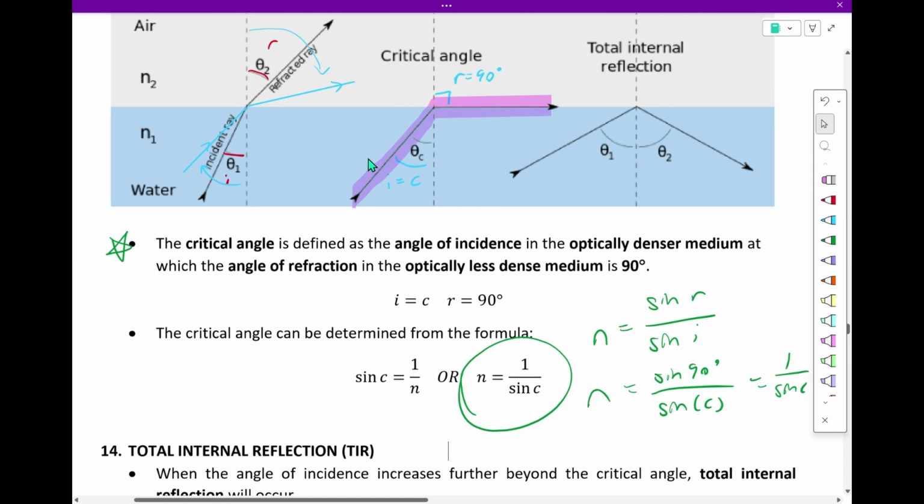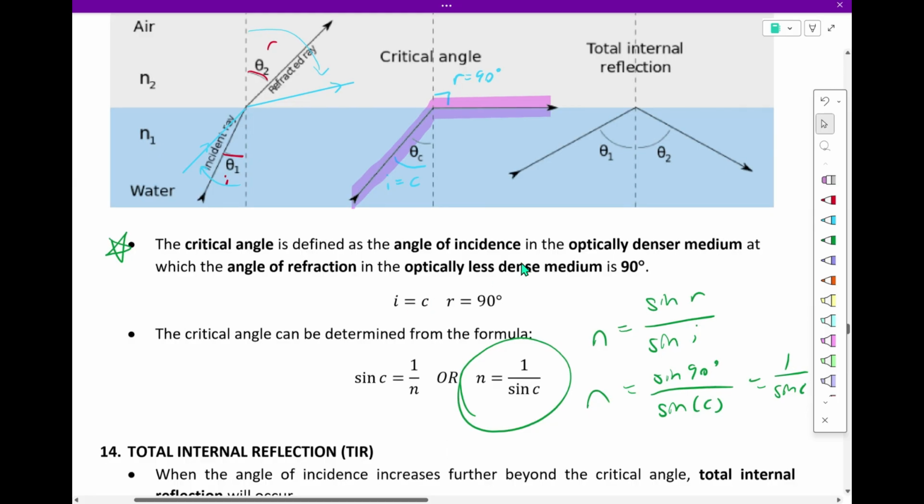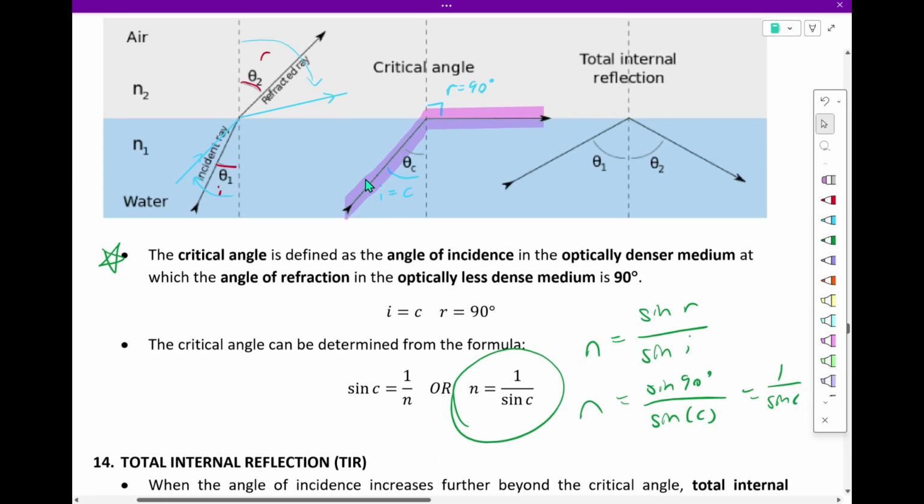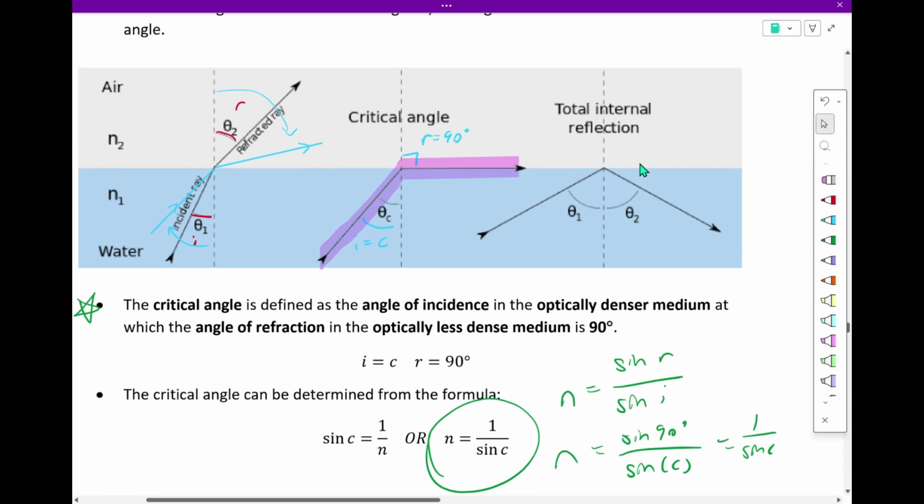Okay, then there is another special phenomenon called total internal reflection, right? What's so special is, what happens when we are at i equal to the critical angle, which means r is 90 degrees, right? What happens if we continue to increase i further? If we continue to increase i further, you realize that the light ray, instead of refraction, actually undergoes reflection instead.